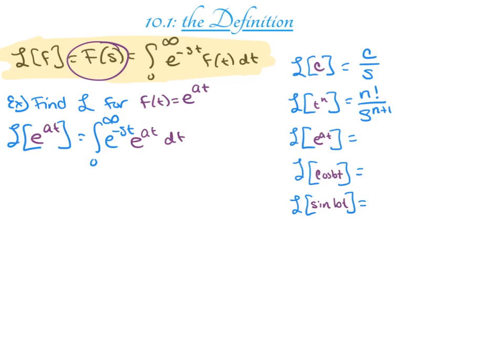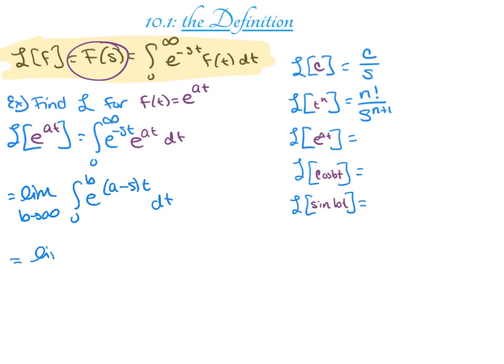Thankfully, they both have base e. Since t is the variable, this is the limit, just like before, as b goes to infinity of the integral from 0 to b of e to the a minus s times t, because a minus s will just be a constant when we integrate.